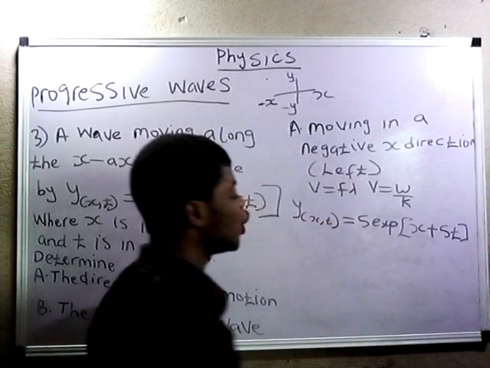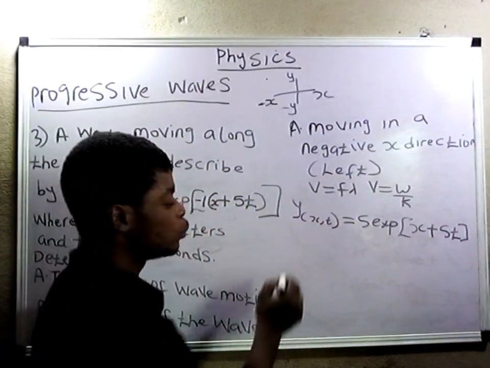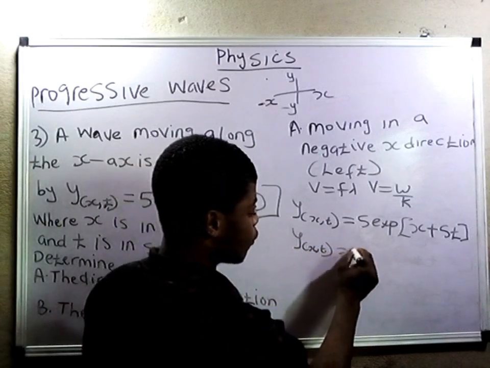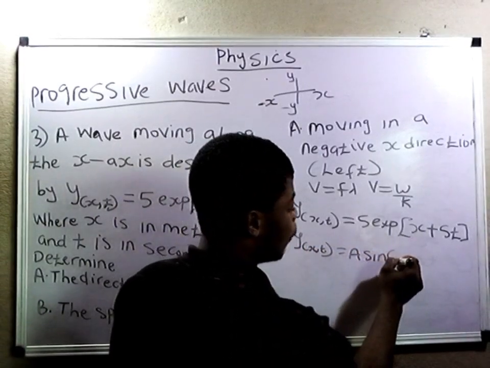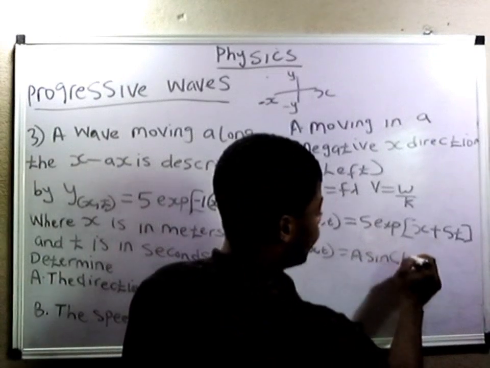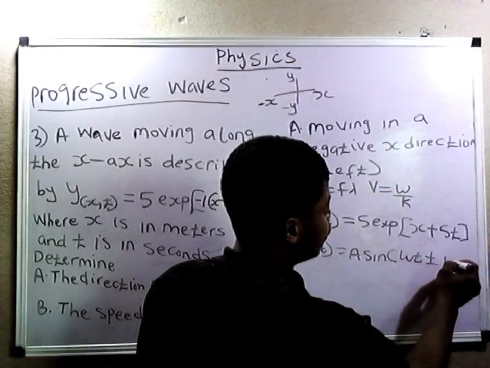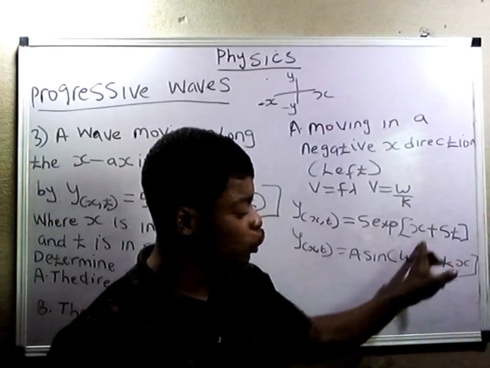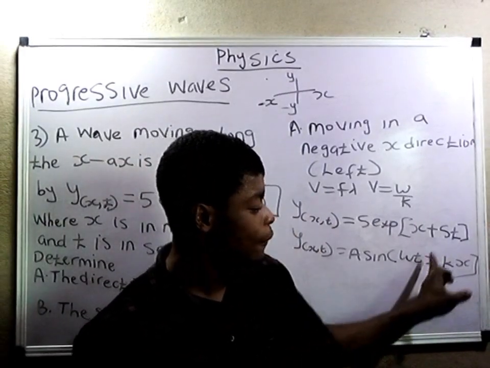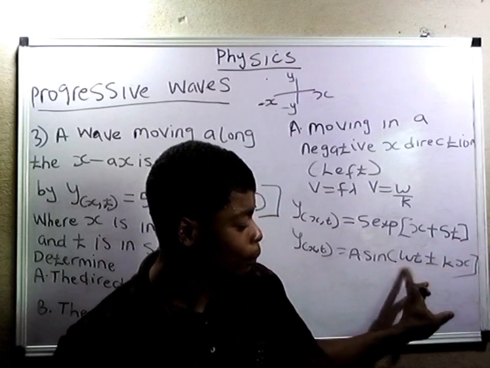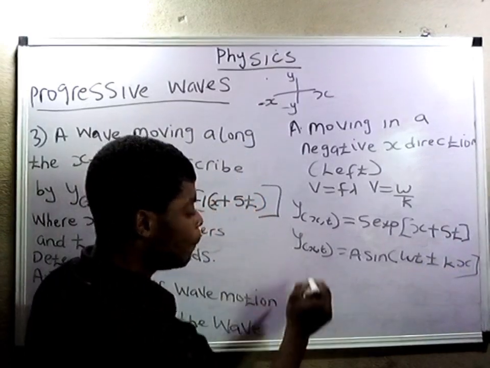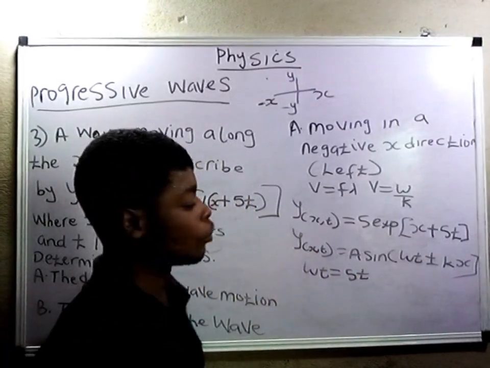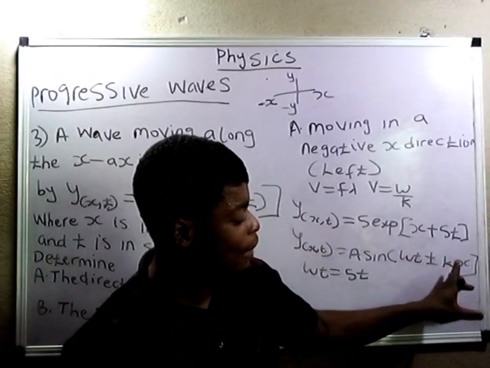But I'm going to use the general equation of a progressive wave, which is y(x,t) equals A sine (wt plus or minus kx). By comparing these two equations, because we have 5t here, we have wt. That means wt is equal to 5t. Okay, we have x here, we have kx.